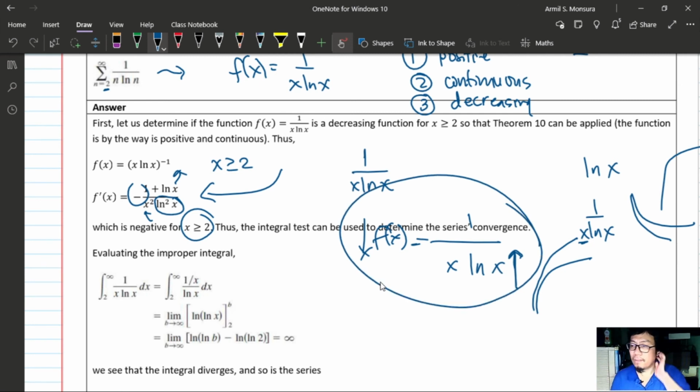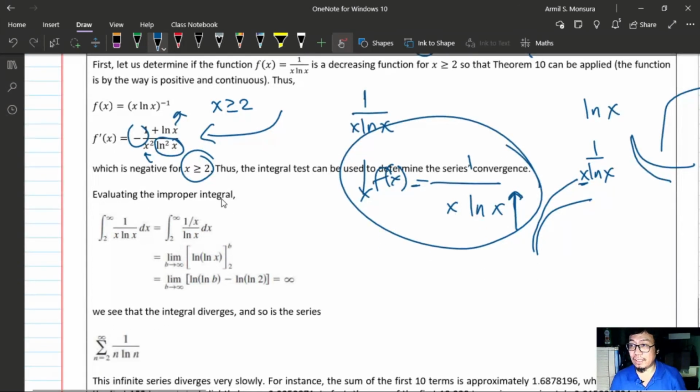Okay, so now evaluating the integral, you can rewrite 1 over x times the natural logarithm of x in this manner. It's 1 over x times ln of x dx. So why did we do that?